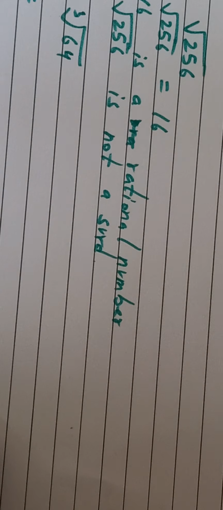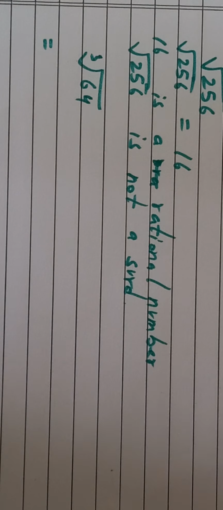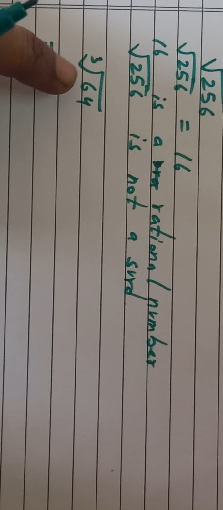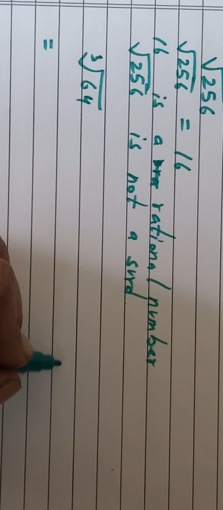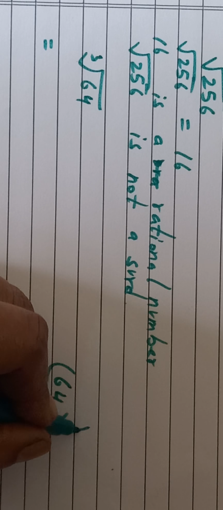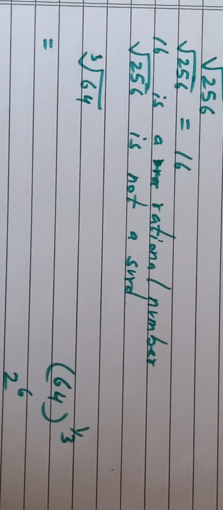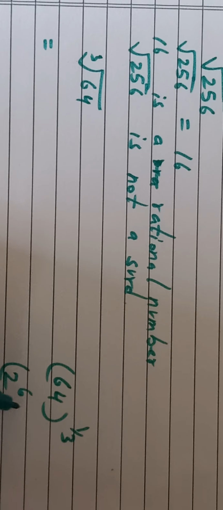Cube root of 64, you all are in 9th standard. So 2 raised to 6 is 64. So if I am going to solve it further, I will just show it to you this side. What am I going to get? 64 raised to 1 by 3. Cube root of 64 means 64 raised to 1 by 3. And 64 is 2 raised to 6. 2 raised to 6 raised to 1 by 3.